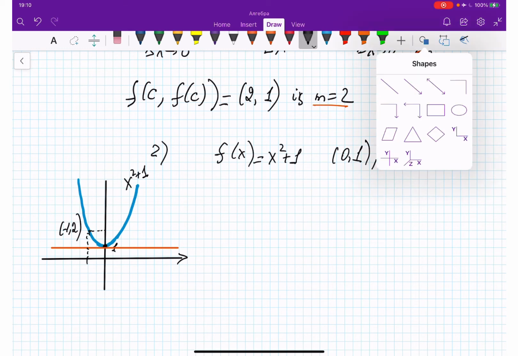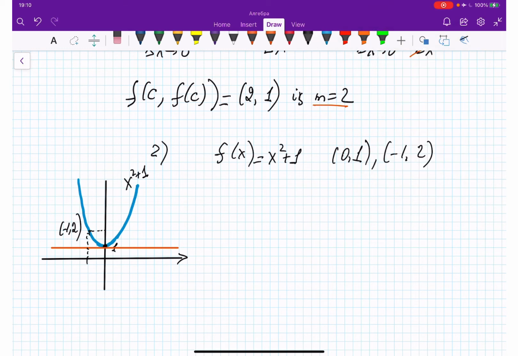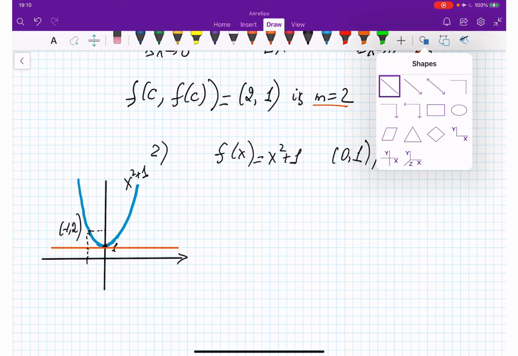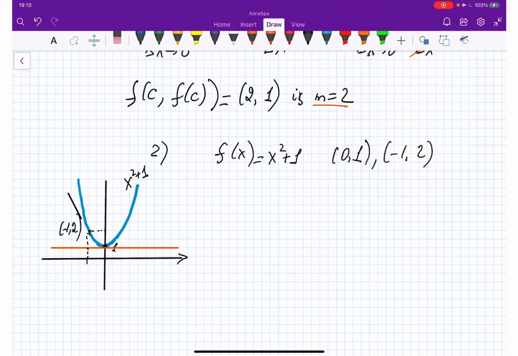So the tangent line at this point is going to be this, right? Two tangent lines, so we are going to find the slopes for both tangent lines. Well, you can foresee already the tangent line for the 0, 1 coordinate, right?